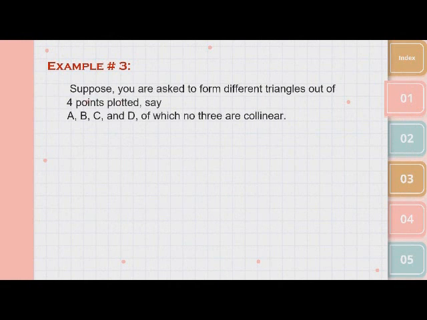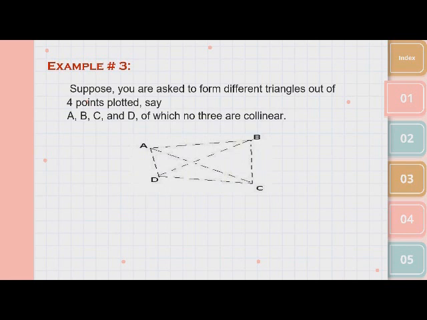For example number 3, we have points A, B, C, D, of which no 3 are collinear. Ibig sabihin nun, wala sila sa isang line, or they do not lie on the same line. So, let's have this drawing or figure. We have A, B, C, D. How many triangles can be formed from this?